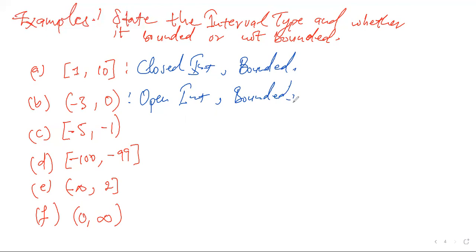Remember, those that are unbounded are those that have infinity and negative infinity, right? And this one is not conclusive. Interval type is not conclusive, but bounded because it's bounded by numbers. And then this one here is closed and bounded.